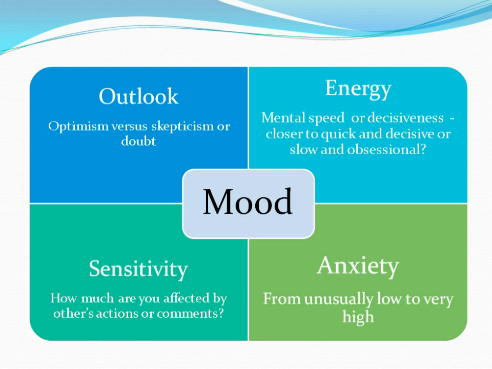The first one is outlook, and that refers to optimism versus doubt or skepticism about how things are and how they will turn out. And then there's a dimension called energy, which can also be thought of as mental speed or decisiveness. And then sensitivity: how much are you affected by others and their opinions? And then anxiety, which is probably the easiest one.